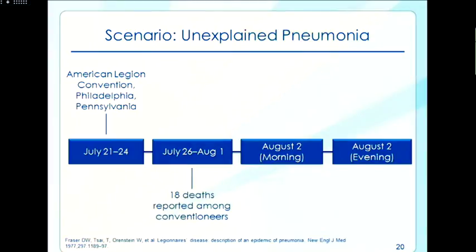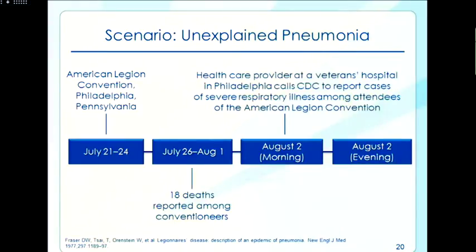More troublesome than that is that during July 26th to August 1st, a total of 18 conventioneers died, reportedly from pneumonia. On the morning of August 2nd, a nurse at a veterans hospital in Philadelphia called CDC to report cases of severe respiratory illness among the convention attendees.